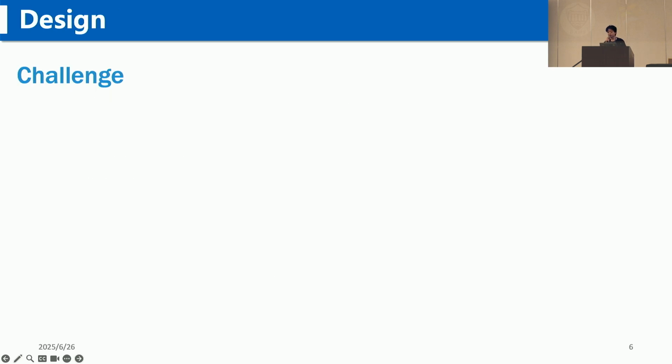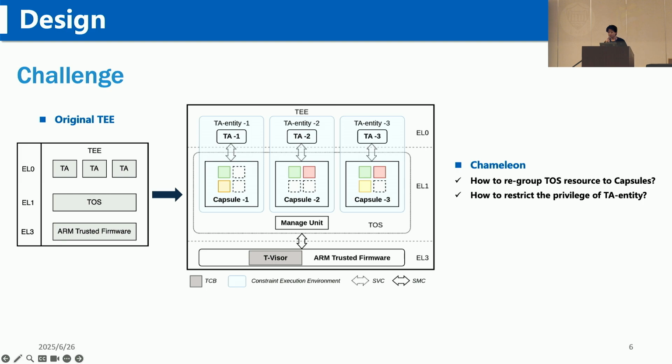We face two main challenges in our design. First, how to reorganize the TOS resources into capsules so that each TA gets just what it needs, no more, no less, without duplicating the code or breaking things.